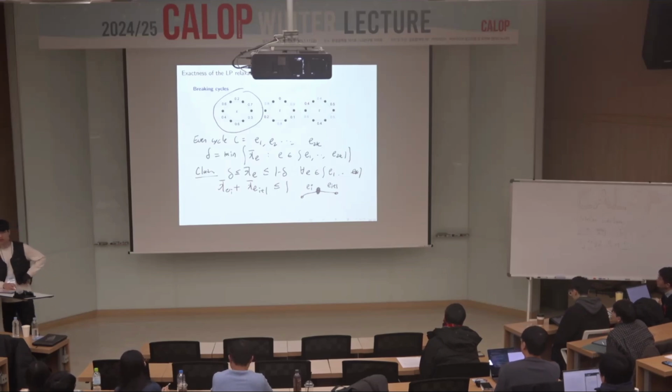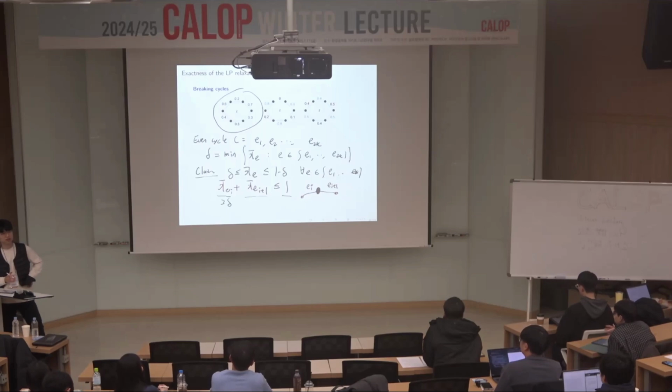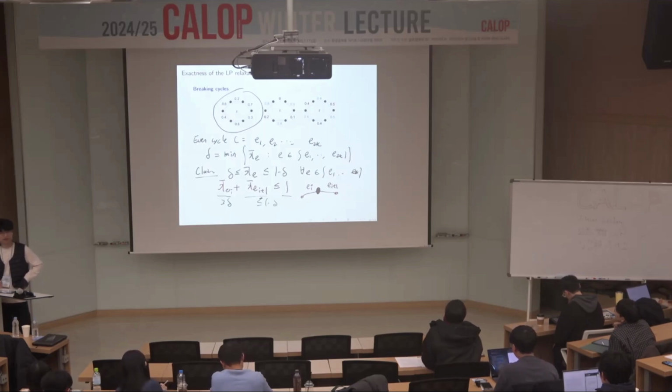If you look at the degree constraint around this vertex, these two variables appear at the same time, so they have to be at most 1. And we know that this one is at least delta, because delta is the minimum value. If you move it to the right-hand side, then the other variable has to be at most 1 minus delta.